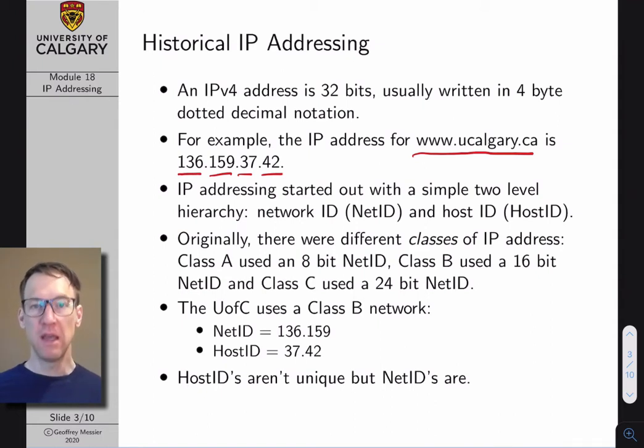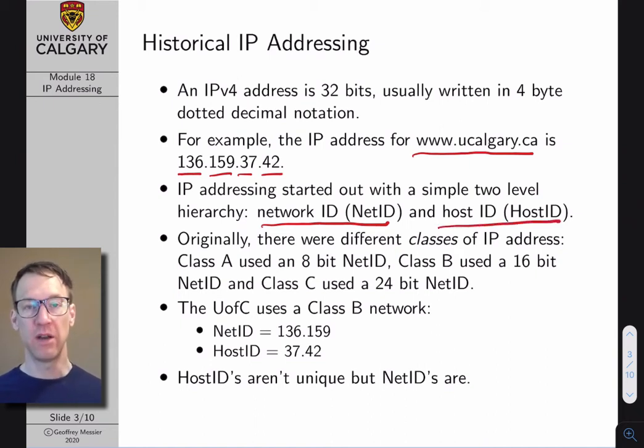And IP addressing, like the addresses we use on letters, does have a hierarchy. IP addressing started out with a simple 2-level hierarchy. We had a network ID to indicate the big network where the computer was located, and a host ID which identified the specific host in the network.